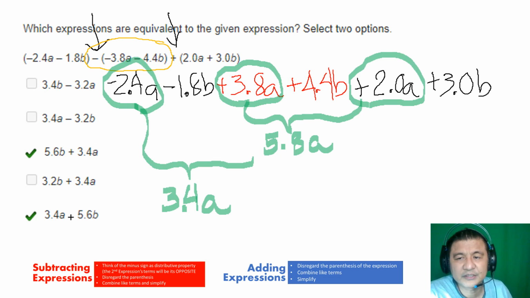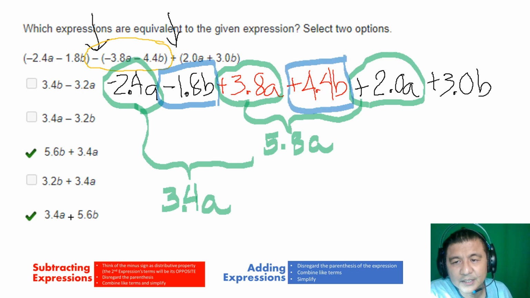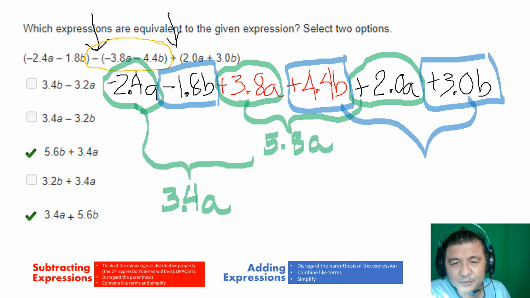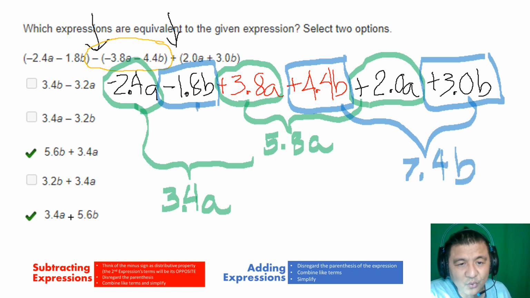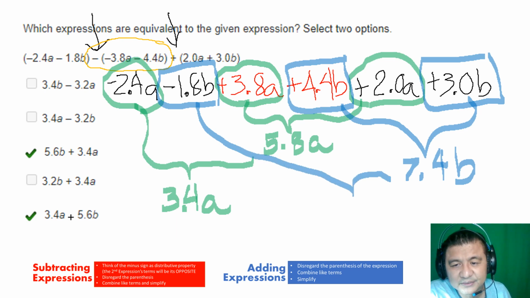Next, look at the b's. The b's has a negative, a positive, and another positive. Okay, I can combine these two. 4 plus 3 becomes a 7.4b. All right, but there's another 1.8.